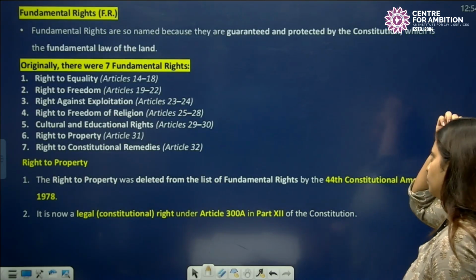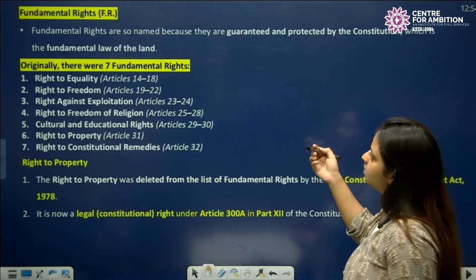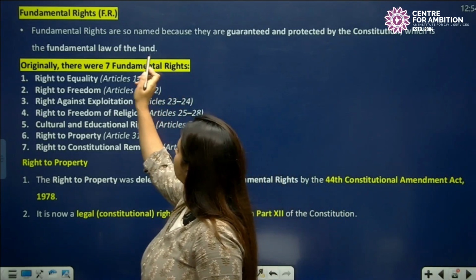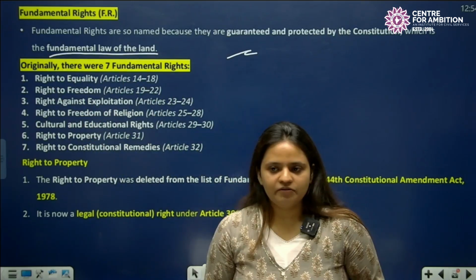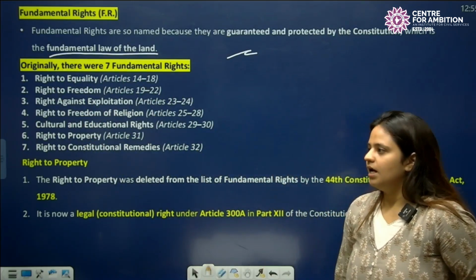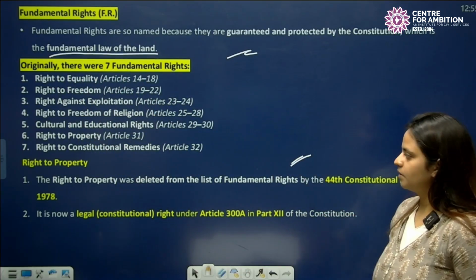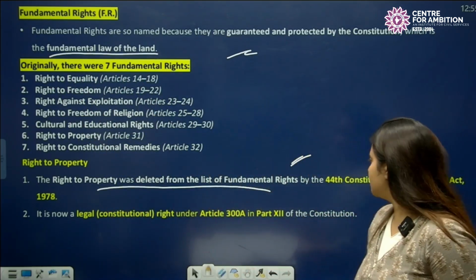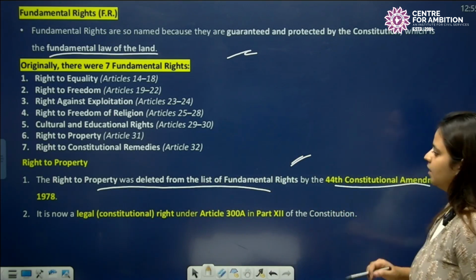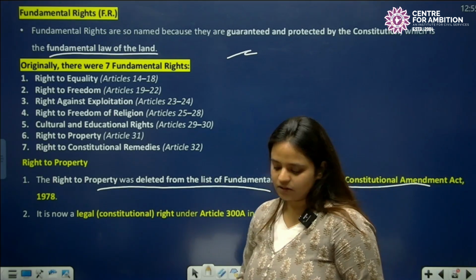I have told you पहले ही that fundamental rights are the fundamental law of the land, so they should be protected. Originally there were 7 fundamental rights and the right to property was repealed. The right to property was deleted from the fundamental rights list by the 44th Amendment Act, 1978.